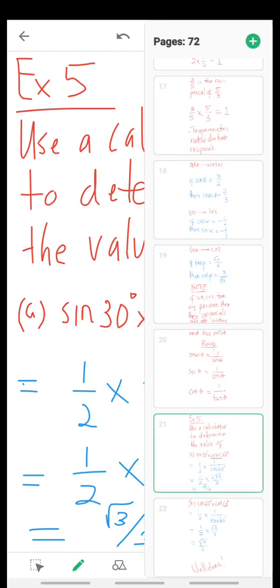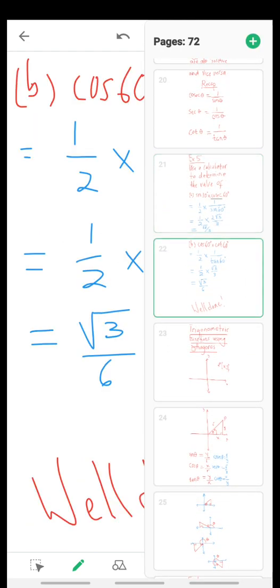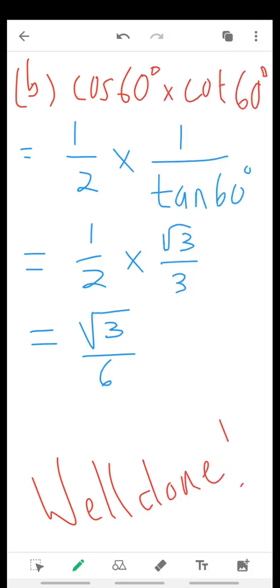Now let us go to the next one. Please find this using your calculator. I see cot there, but in the calculator I don't have cot. But I know the relationship between cot 60 degrees and tan. What is the relationship?